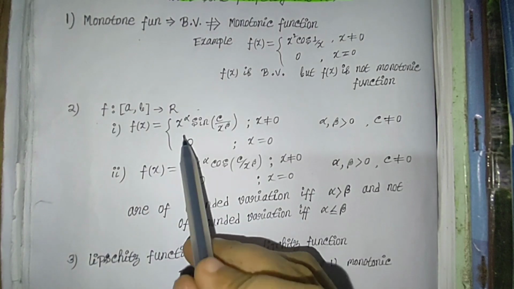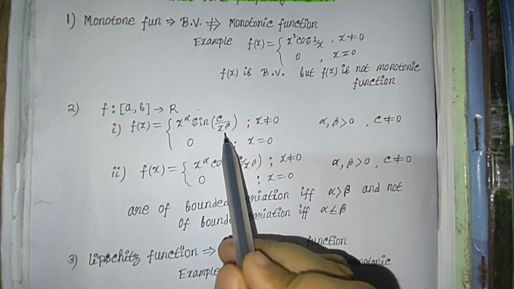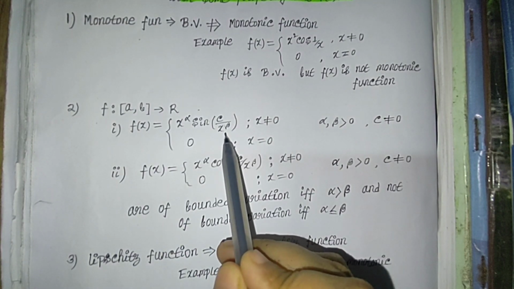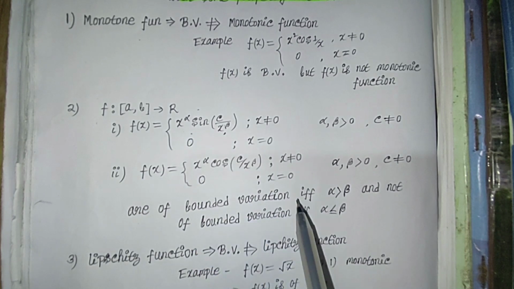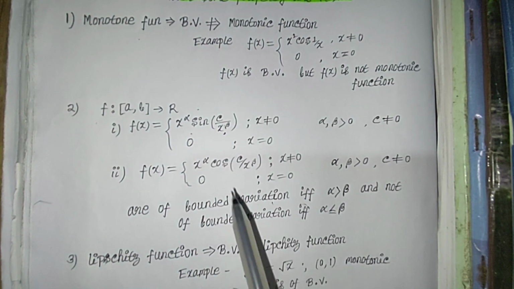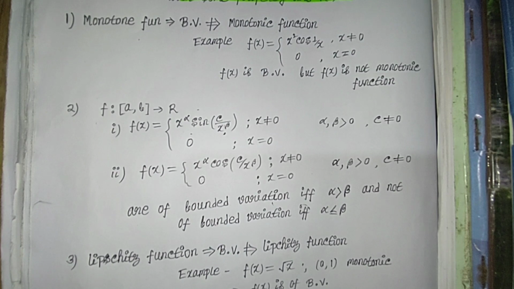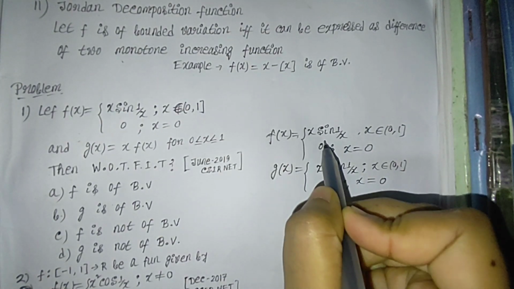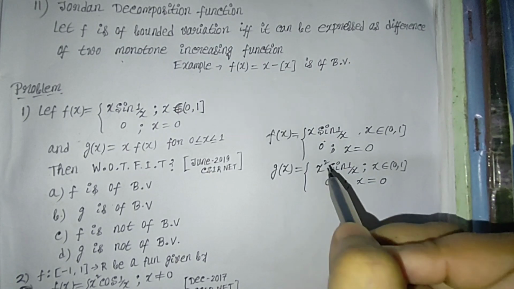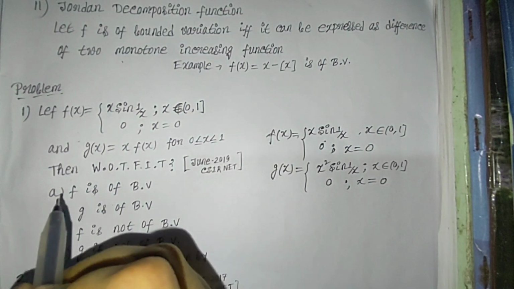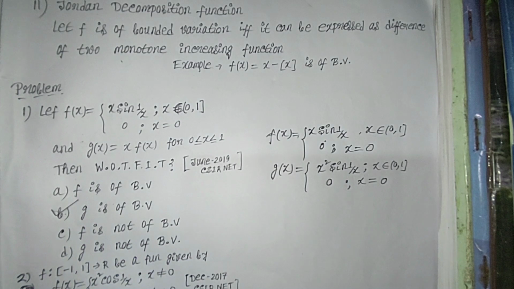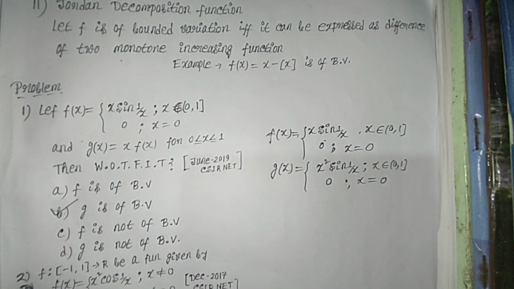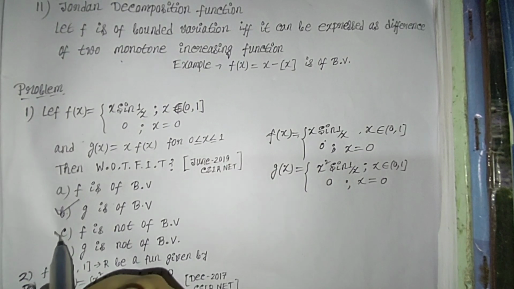Use the result: in the case x to the power alpha sin(1/x to the power beta), if alpha is greater than beta, then it is of bounded variation. Using this result, for f alpha and beta are equal, while for g alpha is greater than beta, so g is of bounded variation but f is not of bounded variation.